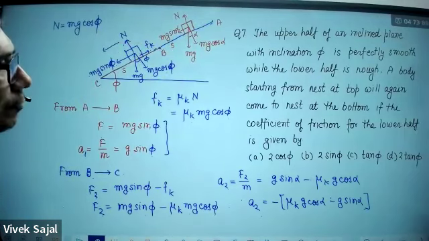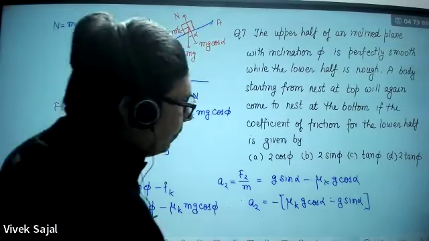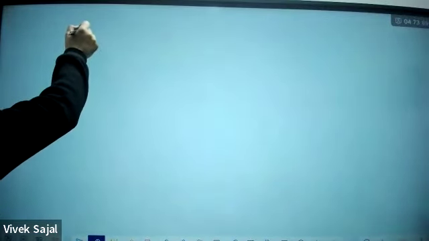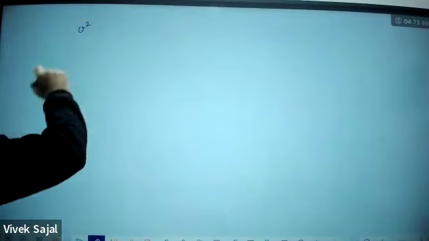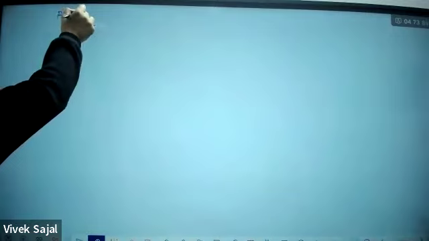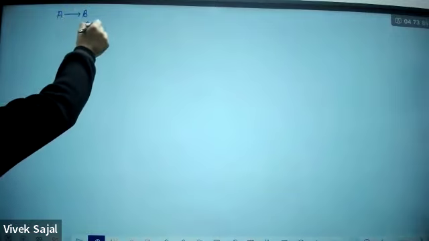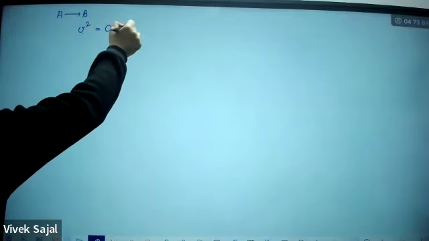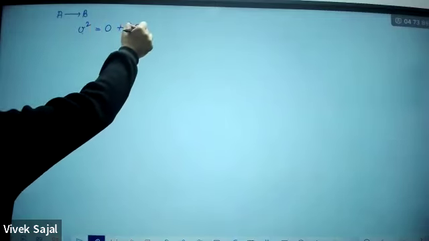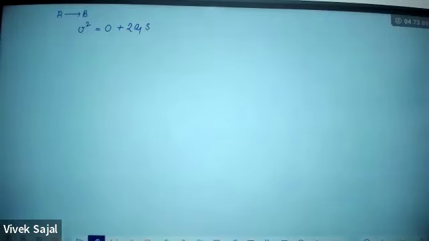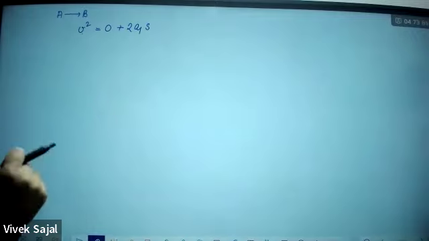If you look at this equation, for the first part, from A to B, it is going to achieve velocity: v square equals 0 plus 2a1s. How much distance is traveled? That is s.